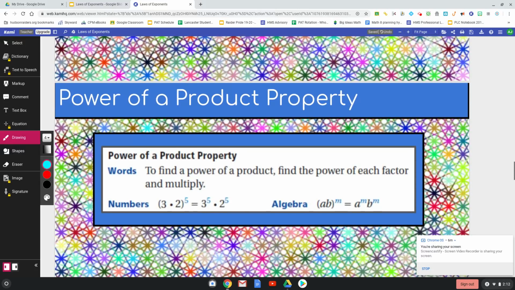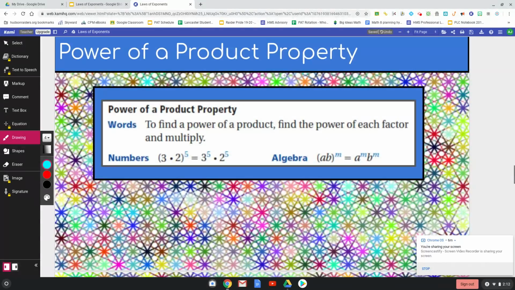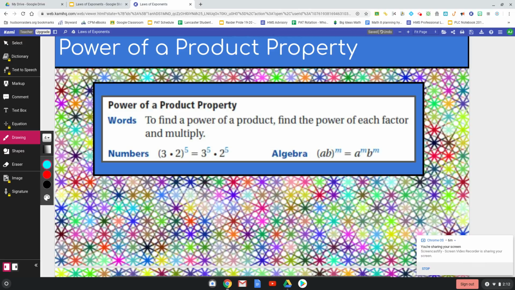Lastly, we have the power of a product property. And this states to find a power of a product, find the power of each factor and then multiply. So for example, if we had 3 times 2 in parentheses raised to the 5th power, we can simplify that to be 3 to the 5th power times 2 to the 5th power.